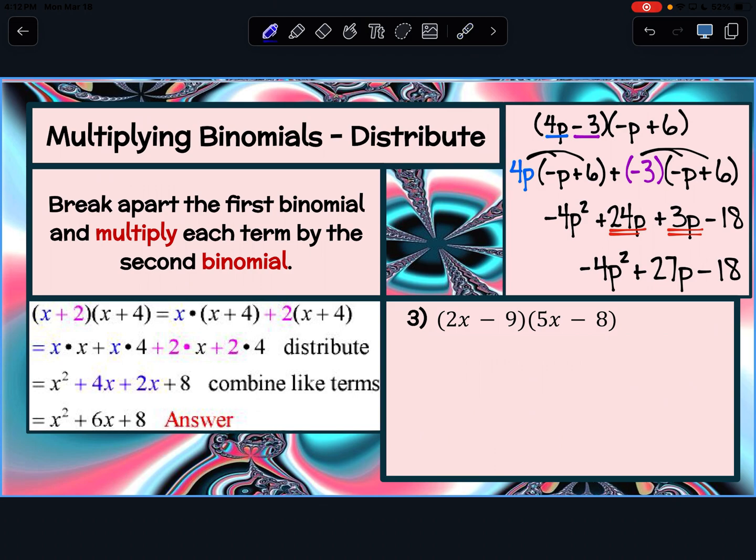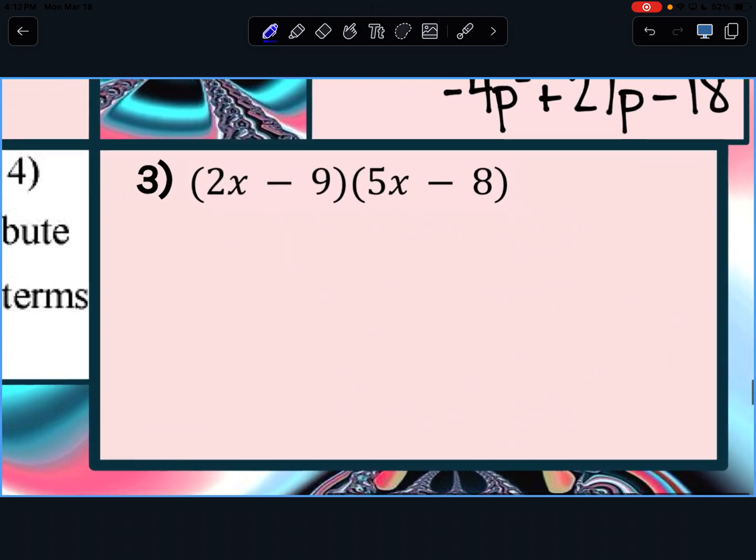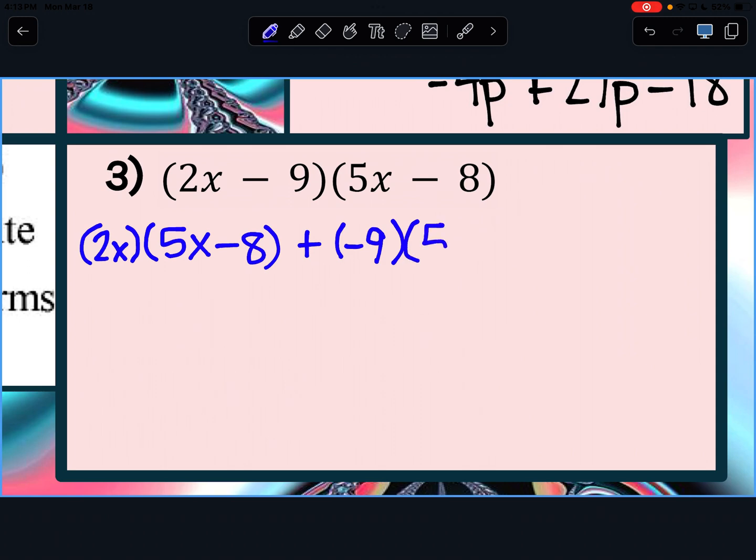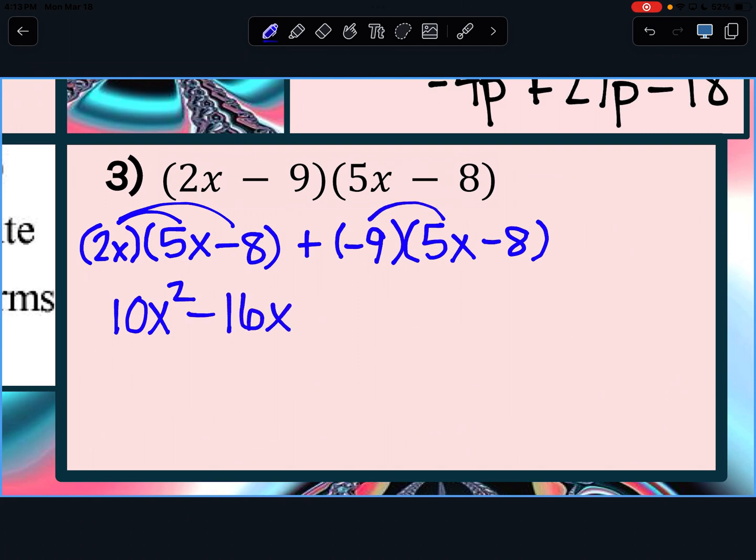Okay. So what that's going to look like on this problem, I'm going to take the 2x and multiply it by 5x minus 8. And then I'm going to take the negative 9 and multiply it by 5x minus 8 again. Then I'm going to distribute, and I have 10x squared minus 16x minus 45x plus 72.